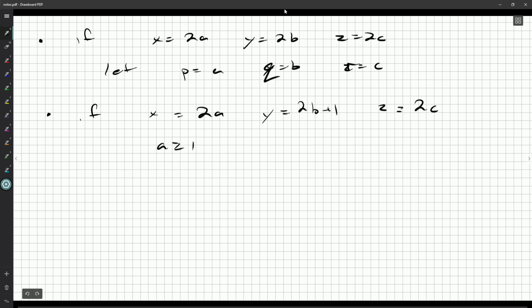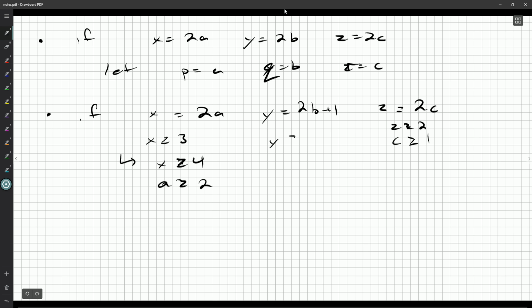So a would have to be at least 1. C would have to be at least... Actually, no. X has to be at least 3. So in this case, x has to be at least 4 because x is even. So a has to be at least 2. Z in this case has to be at least 2, so c has to be at least 1.